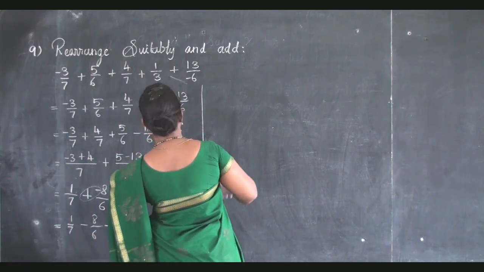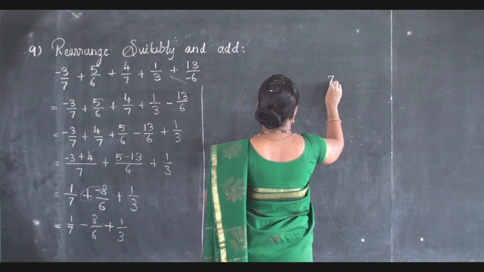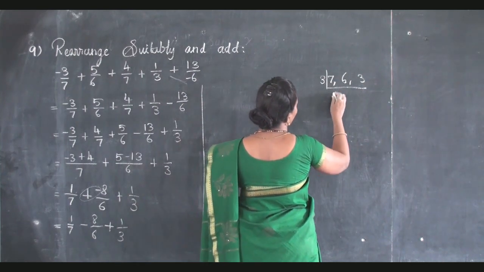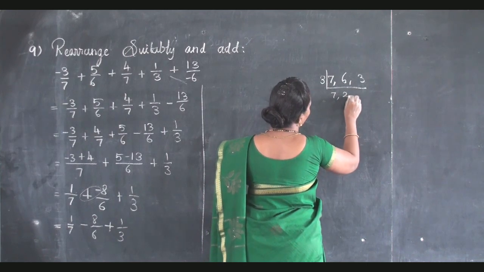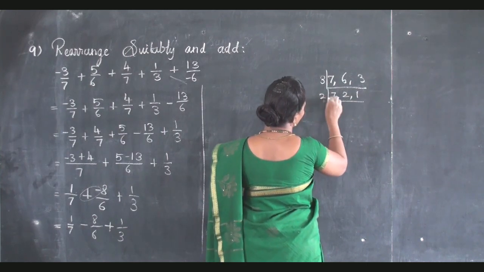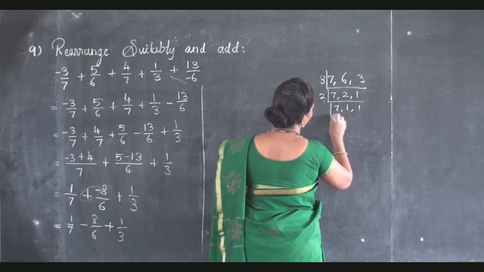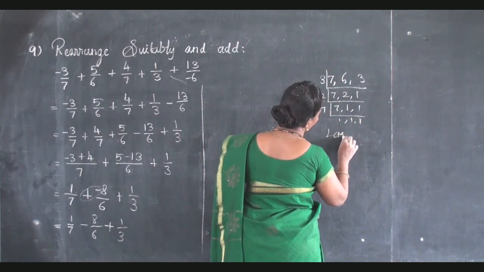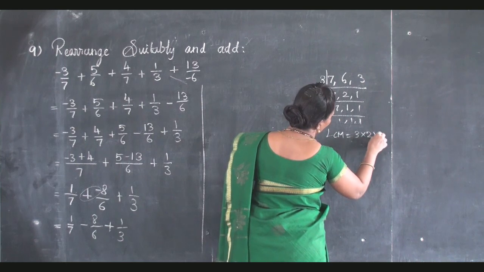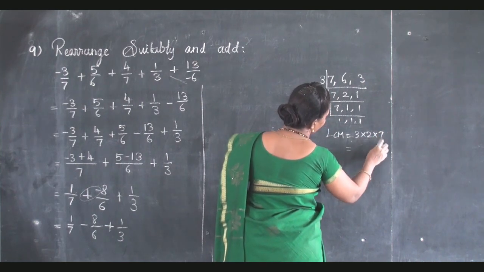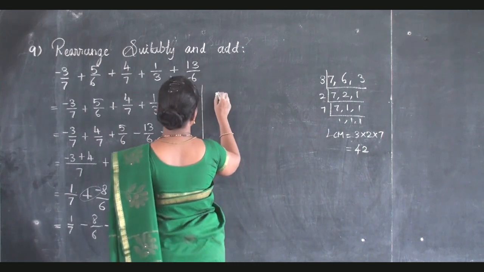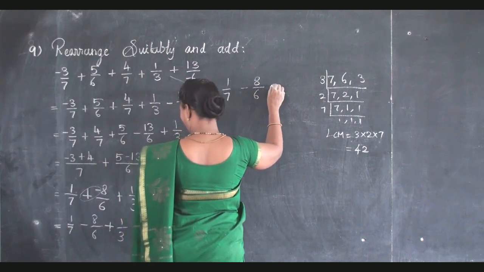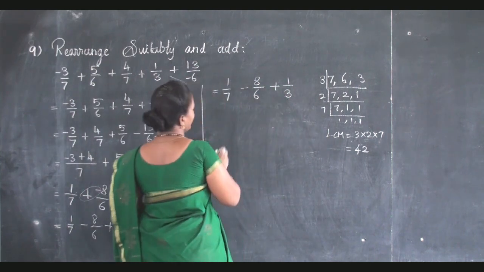Now the denominators are not equal. Take LCM for that: 7, 6, 3. Divided by 3 first. So LCM equal to 3 into 2 into 7. 3 2s are 6, 6 7s are 42. Now the number is 1 by 7 minus 8 by 6 plus 1 by 3.